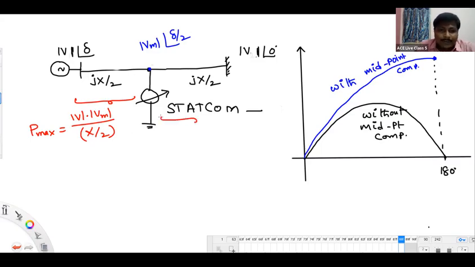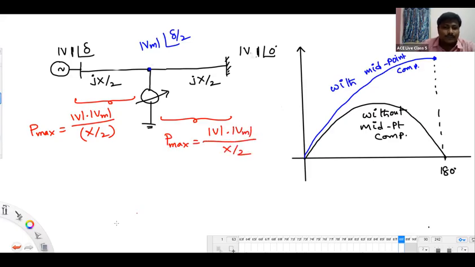What is the P maximum of the second part of the network? It will be mod Vm into mod V by X by 2. Both are equal, right? Both are exactly equal.